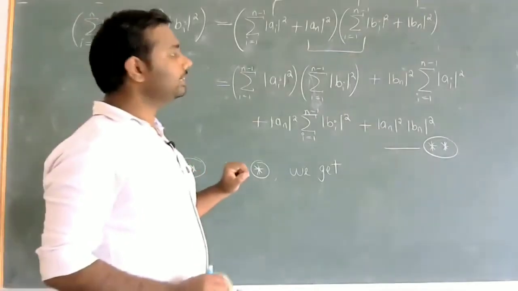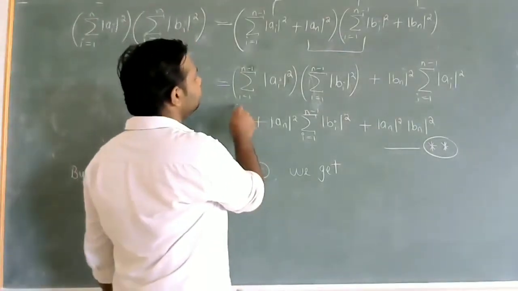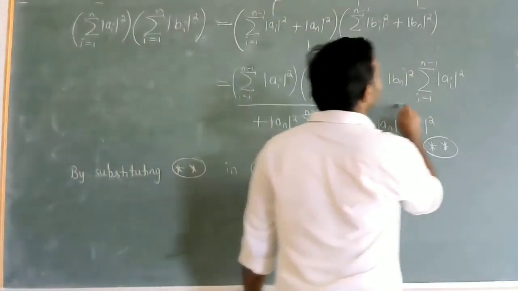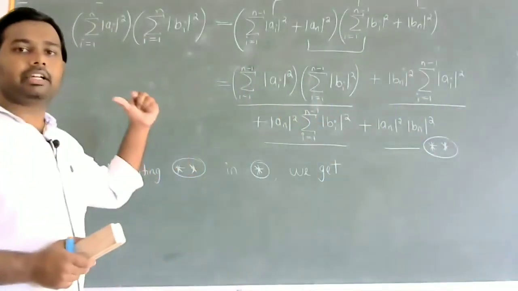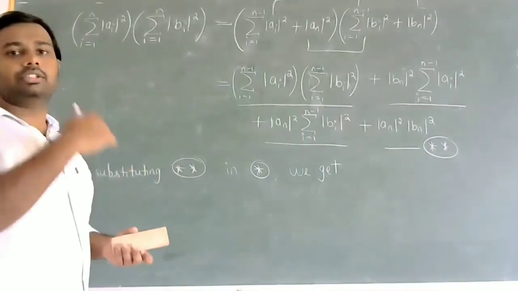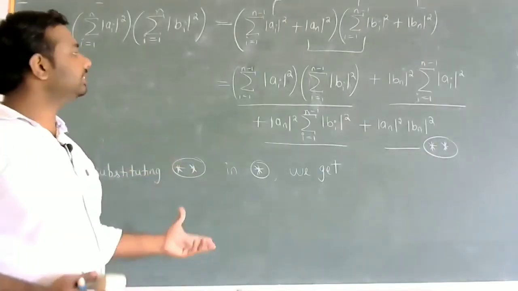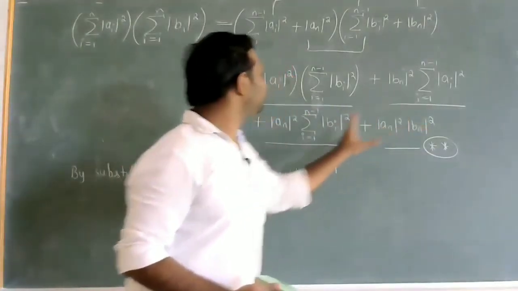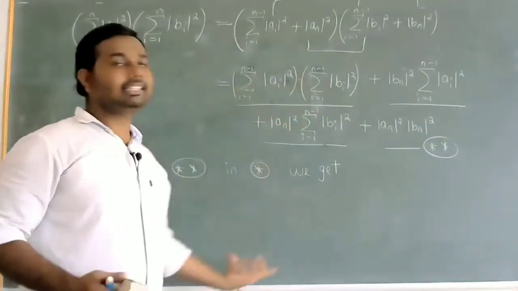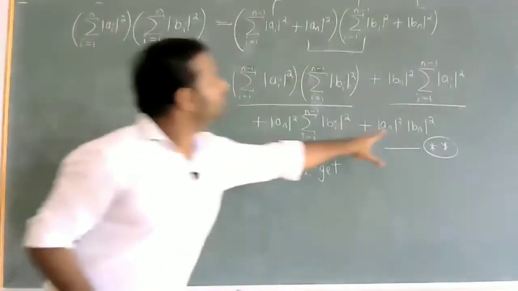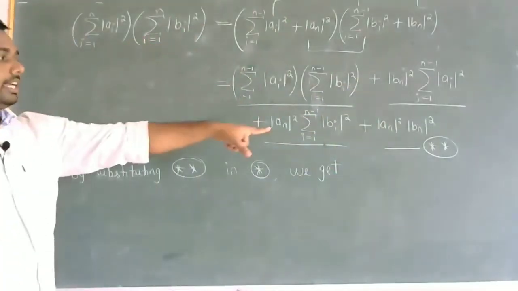In the equation star we have these three terms, this term plus this term plus this term. So the right hand side of the equation star contains the sum of these three terms. So the sum of these three terms can be replaced by this minus that one.